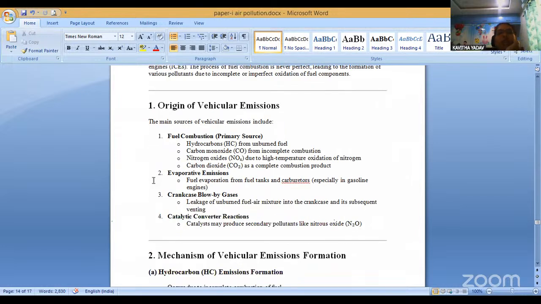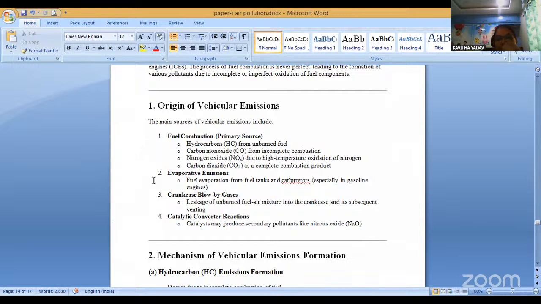The main sources of vehicular emissions include fuel combustion as a primary source. First is hydrocarbons from unburned fuel, as we saw in the reactions. Then carbon monoxide from incomplete reactions.